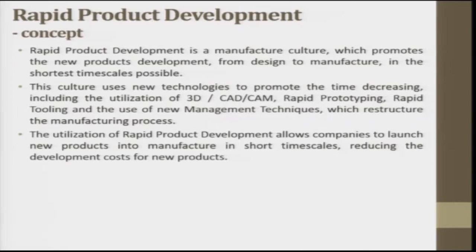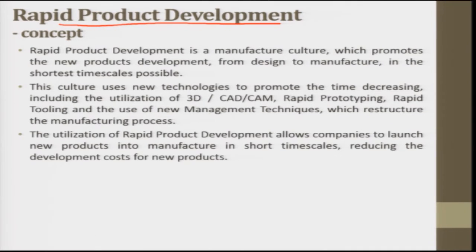In the same way, we can design the factory in a simulation software and see whether our product flow is going properly or not. So, as people say, it is better to fail a simulation than to fail a real product or a real factory. Those simulations are possible these days. First, I will discuss the concept of rapid product development.